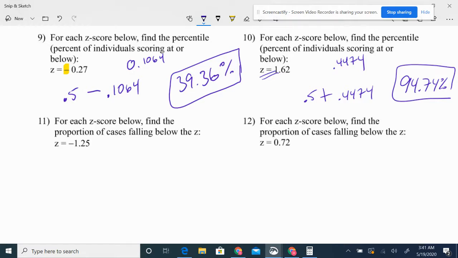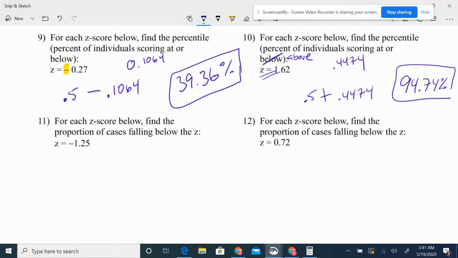I'm asking for the percent of individuals scoring at or below the C value. Now, on your homework, instead of saying below, I might say above. If I do include the word above instead of below, we have to do one more thing.